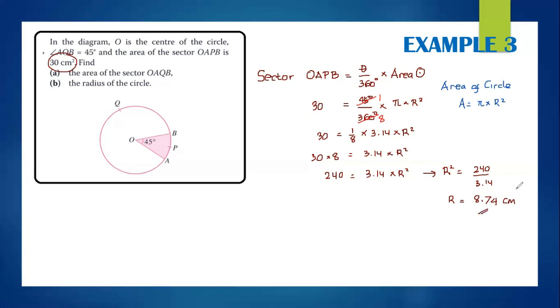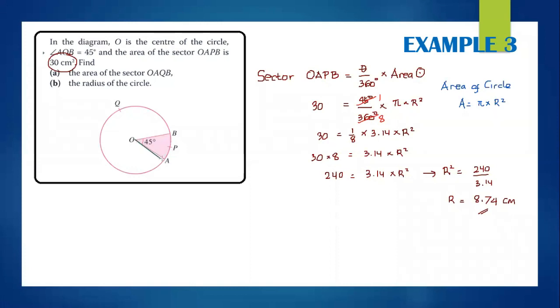Next, we already have the radius of the circle, 8.74 centimeters. Now the area of sector OAQB. Okay, students, we can find the angle of OAQB, right?